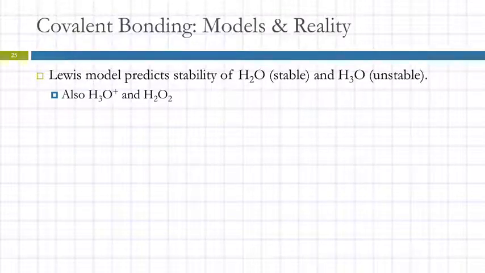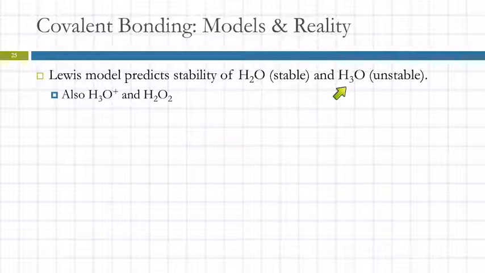So we looked at whether our ionic bonding model matched up with reality, and we're going to look at that for the Lewis covalent bonding model also. So water is stable. That's why there's so much water on the earth. It just doesn't react with stuff very much. But H3O is unstable.